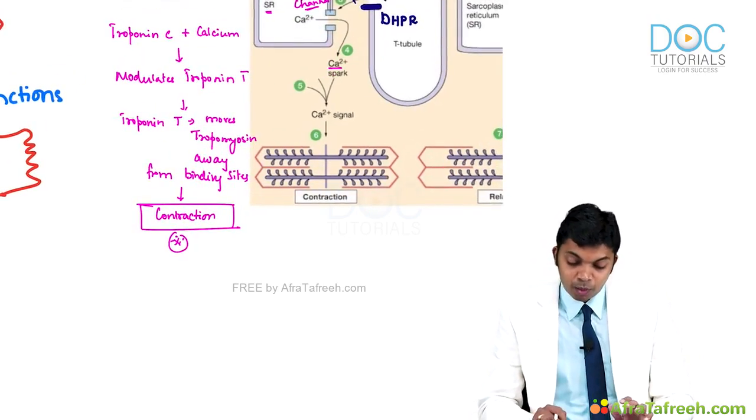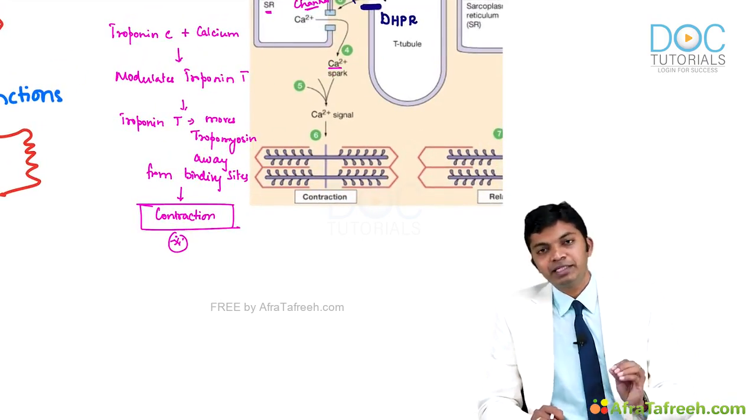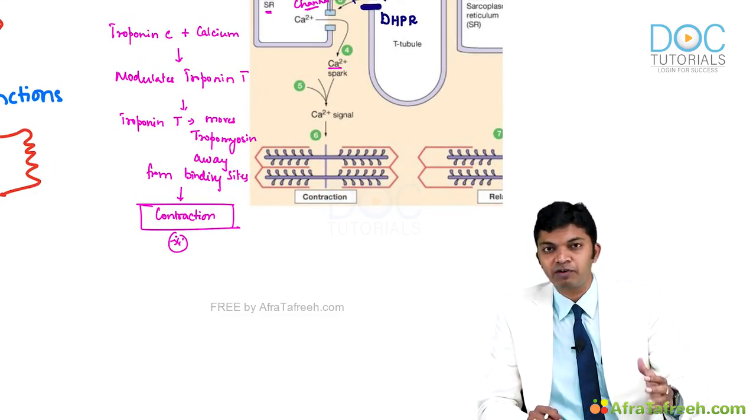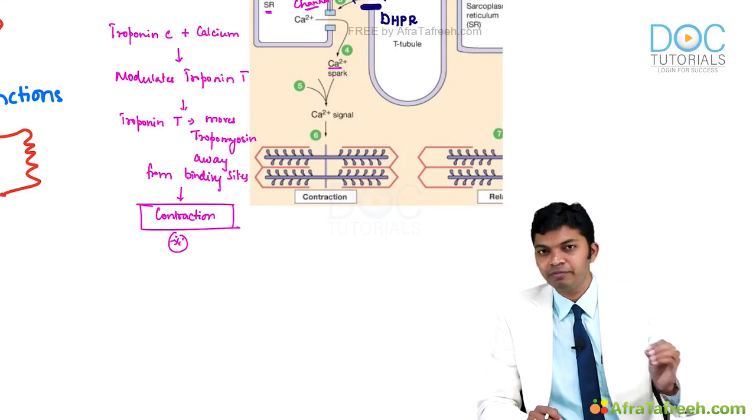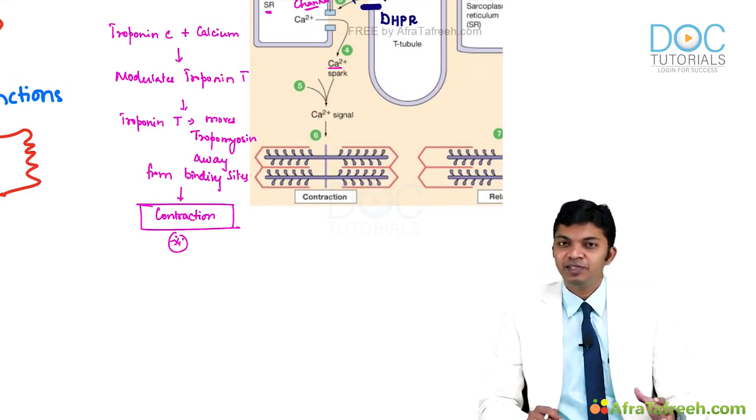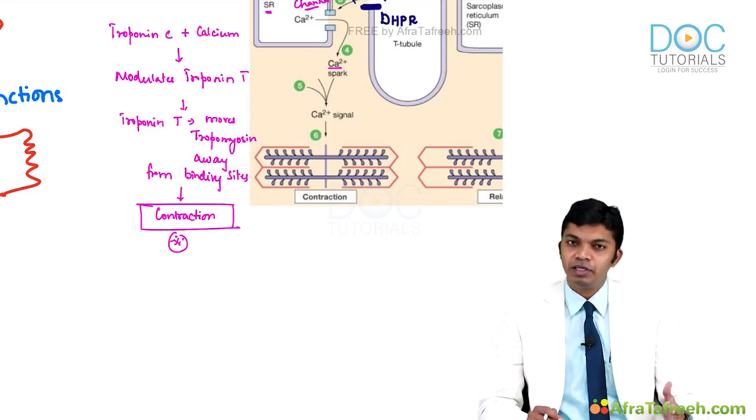Right, now one thing to be remembered, please understand: the calcium required for cardiac myocyte contraction comes predominantly from extracellular fluid and to some extent from sarcoplasmic reticulum. When I say some extent, you can even consider that as a trivial extent.